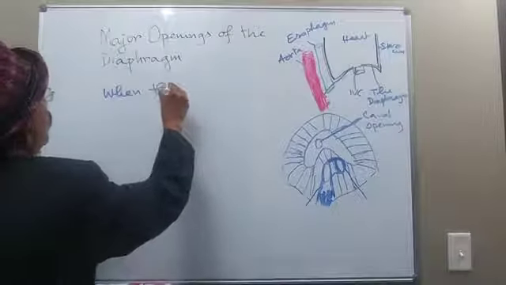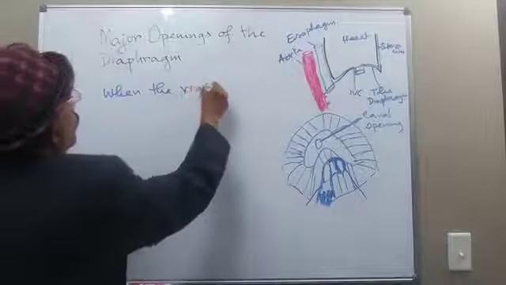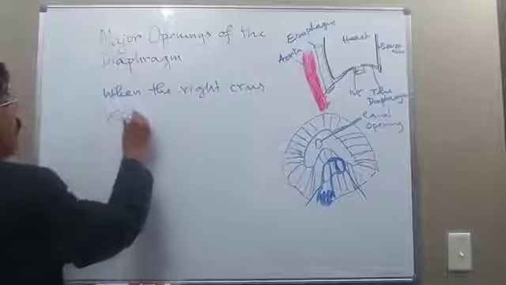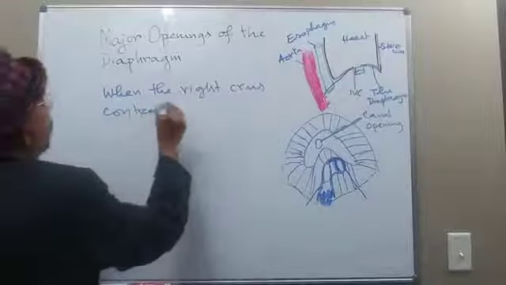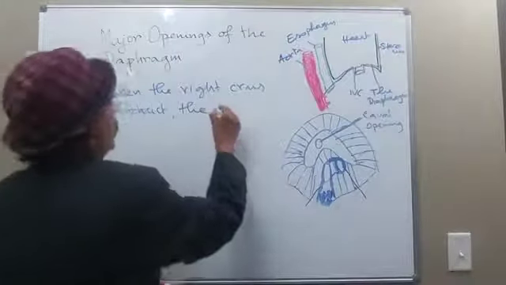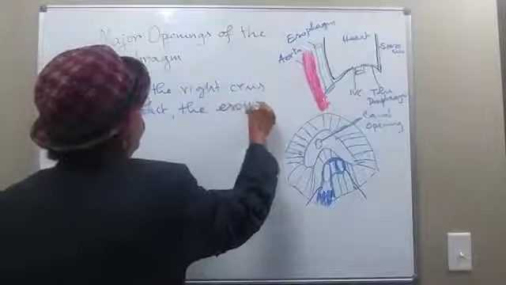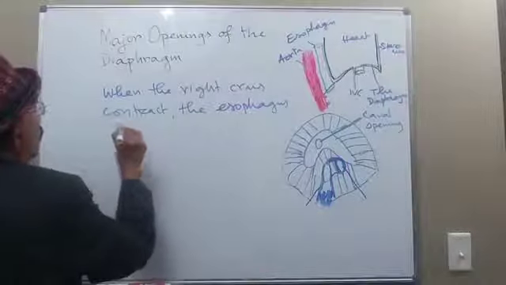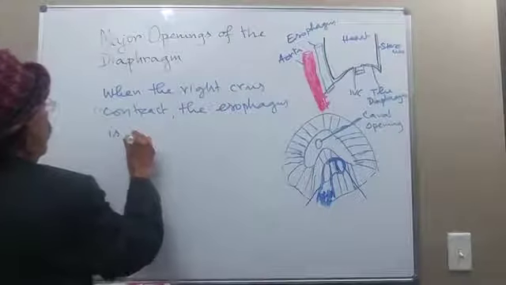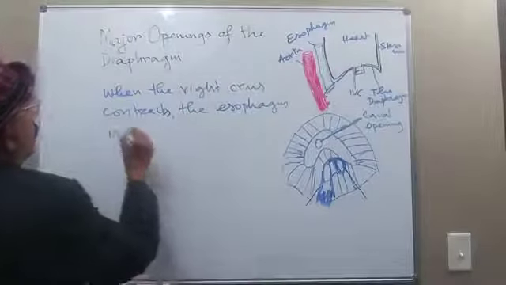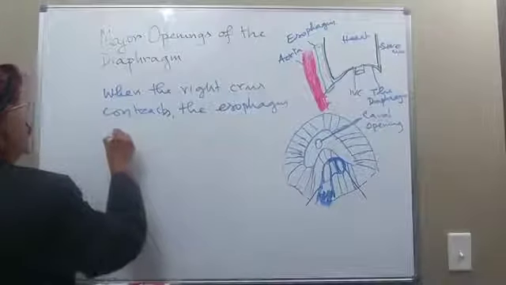When the right crus contracts, the esophagus contracts too.